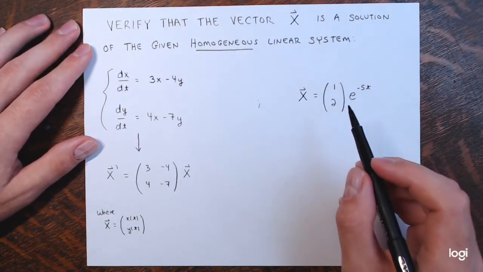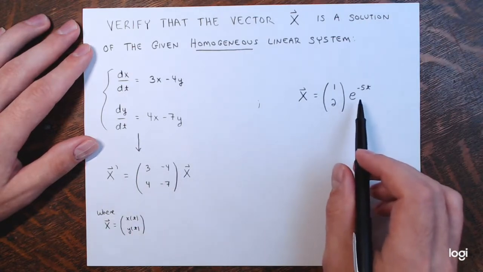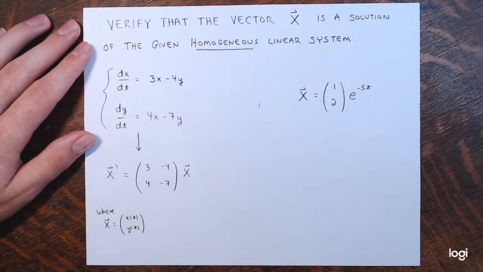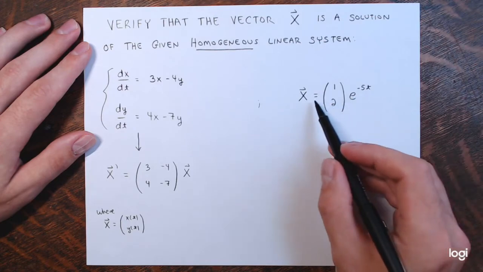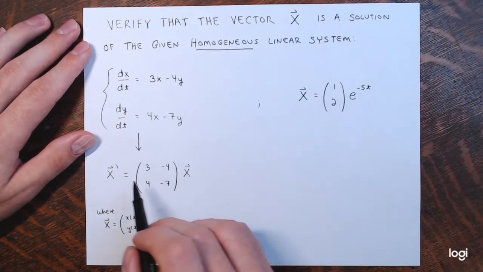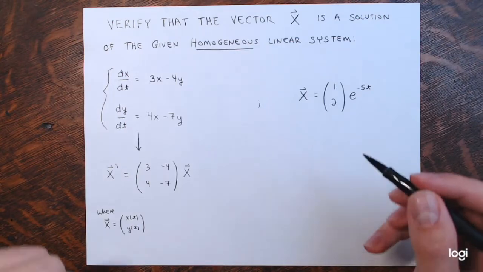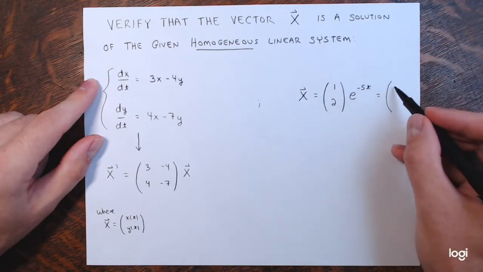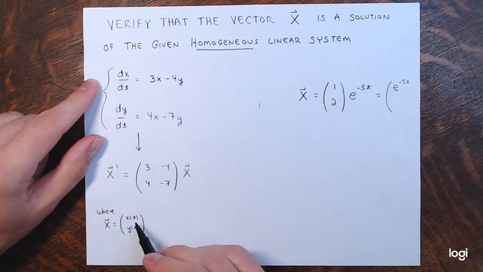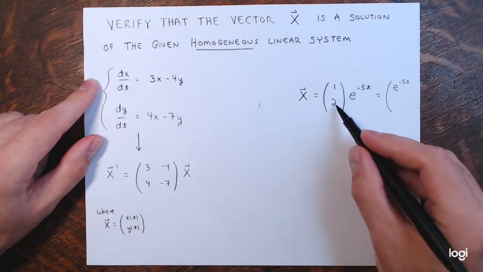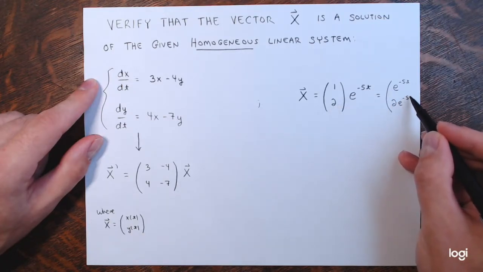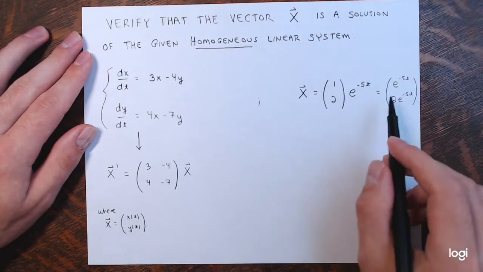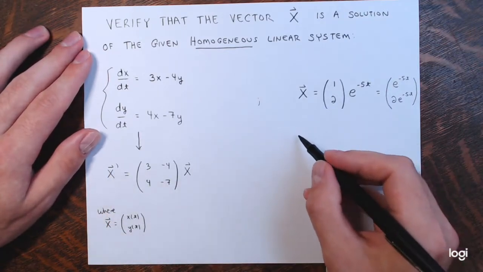Okay, so what I'm going to do is substitute this vector into this equation and see if we get a true statement. We're trying to verify, is this vector x a solution of this system? Now, this vector x, if you want to write it more condensed, is e to the -5t for x of t and 2 e to the -5t for y of t. Then if I want to substitute and check, I need x prime.